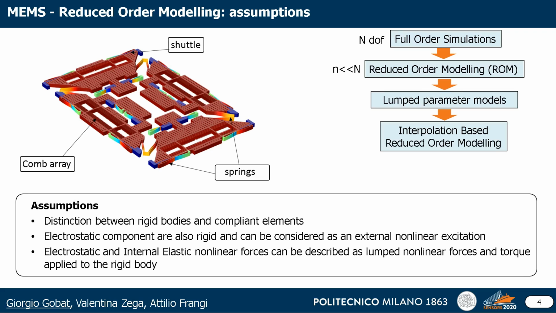In this way, the degrees of freedom are reduced to those of the rigid elements only. Consequently, for each body, up to 6 degrees of freedom can be identified. The flexible elements can be lumped into nonlinear internal force functions, and the electrostatic components are lumped into external nonlinear force functions.